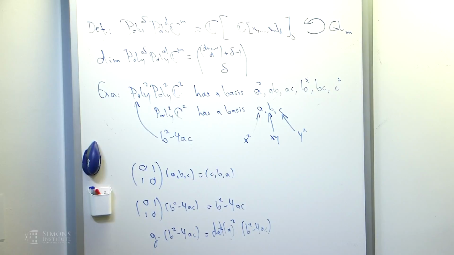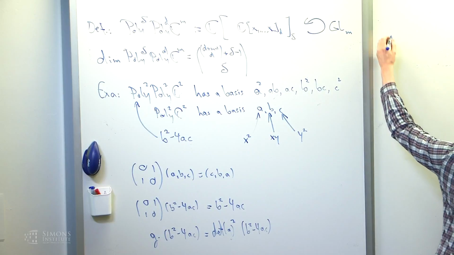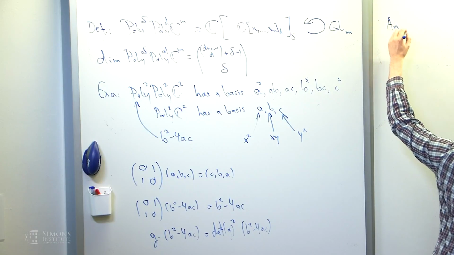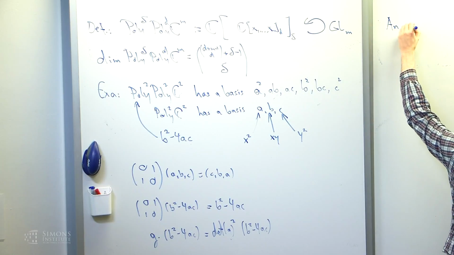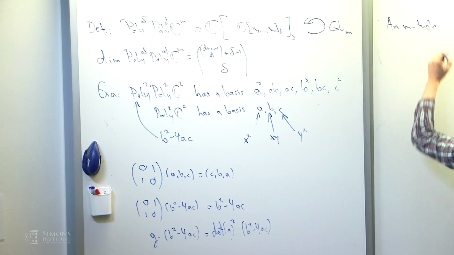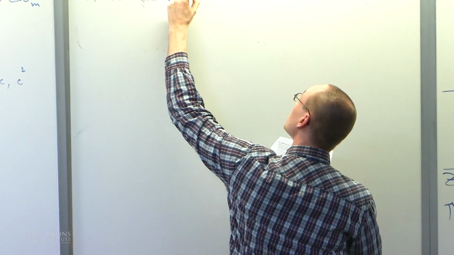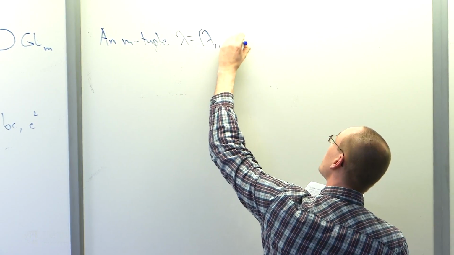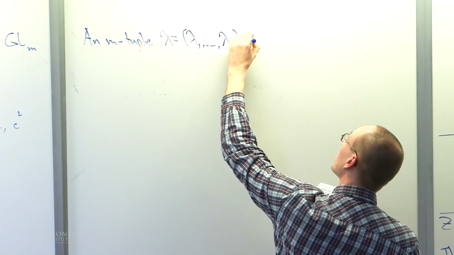And for that, I want to define the type of polynomials that are now of interest. There's a very special type of polynomials that we only have to look at, and those are called highest weight vectors. For defining this, let me first define what is a partition, what combinatorics people call a partition. So you have an m-tuple, I call it lambda, lambda 1 up to lambda m.